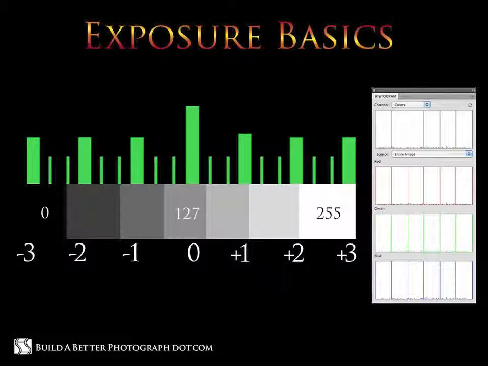Now, to finish up this histogram scale, the screenshot. You can see these spikes that go all the way across the histogram, and each gray square in the scale that you see laid over the camera scale is represented by one of these spikes. We have 3 channels, red, green, and blue, and we have the composite channel.